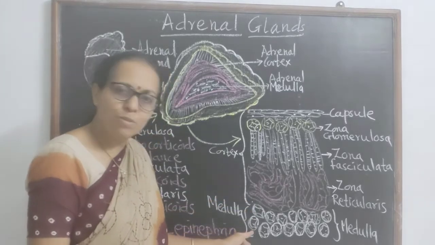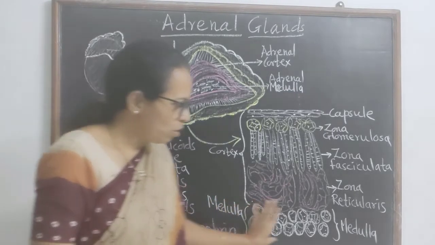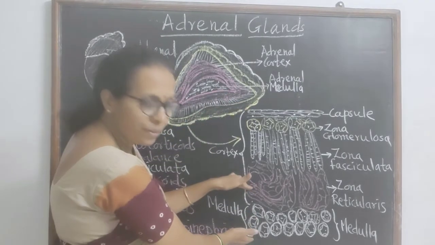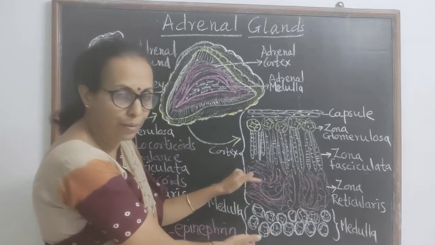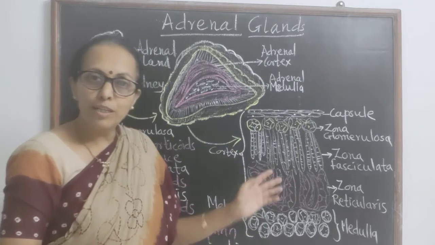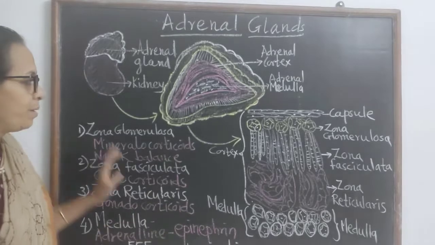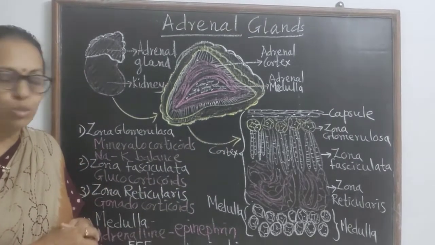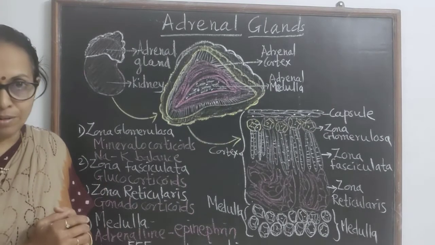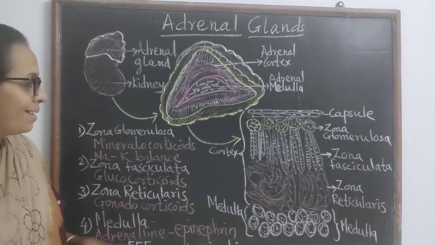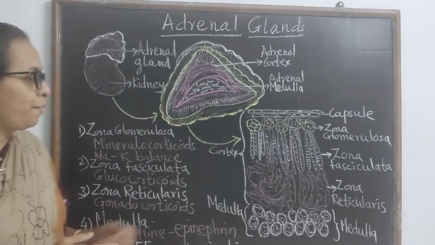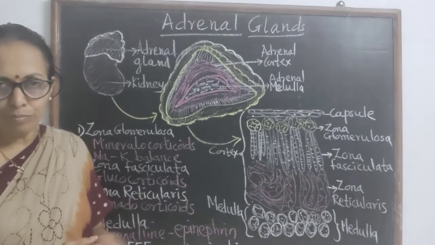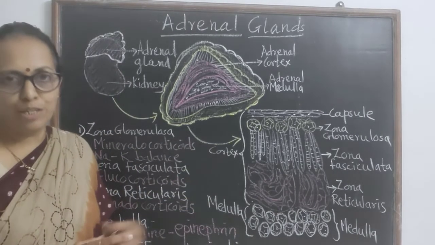Below that, you are observing the thin layer of medulla, which is a little thinner compared to the cortex. These layers show different secretions. The outer layer, the cortex, secretes hormones which are collectively called corticoids, which are steroidal in nature.